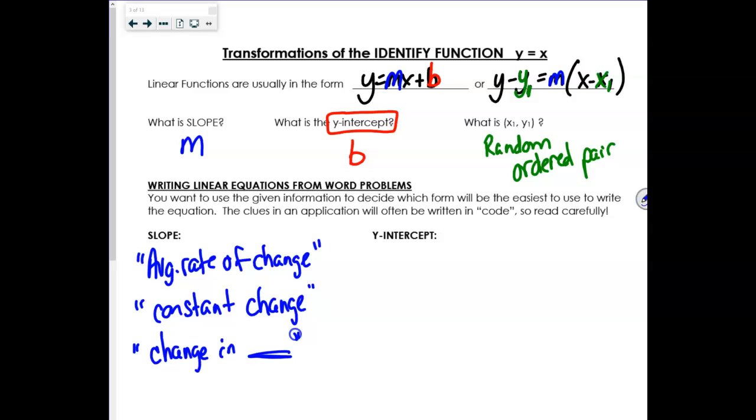So what do you notice is the same there? Change, change, change. So anytime you see a changing variable, that's associated with slope in these questions. And then for the y-intercept, which is our b value, you're going to see phrases like starting point. Or you might see begins with.